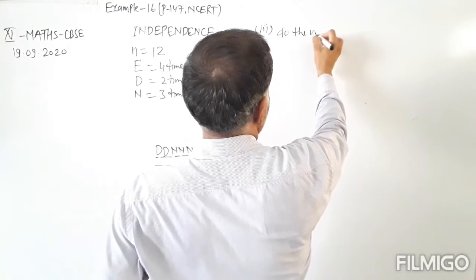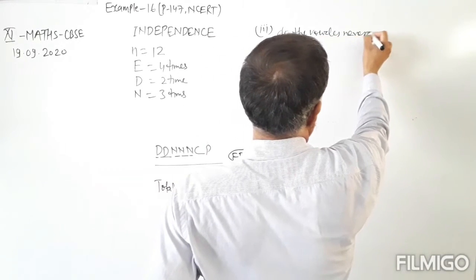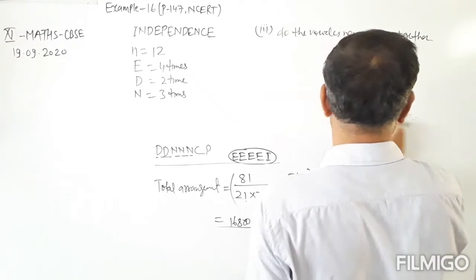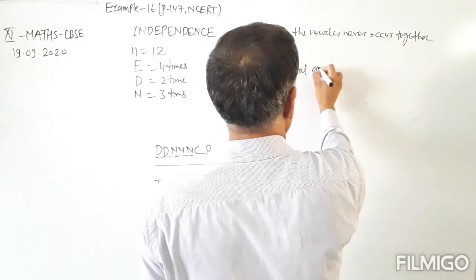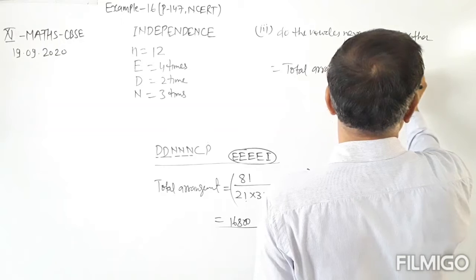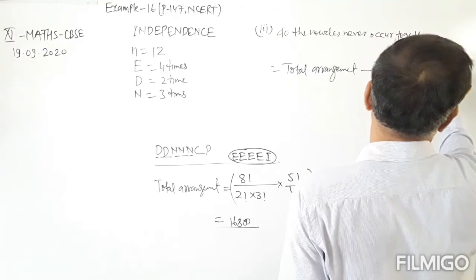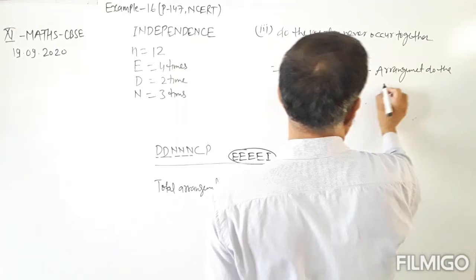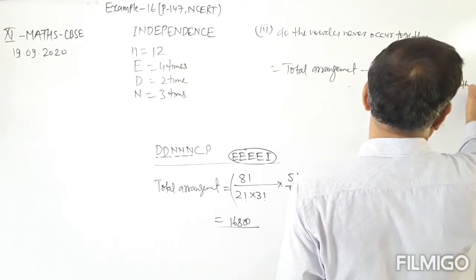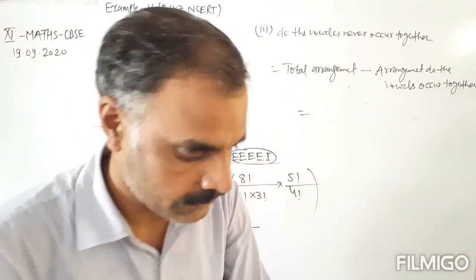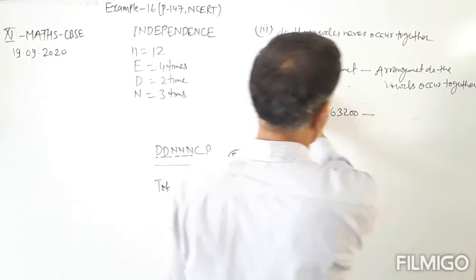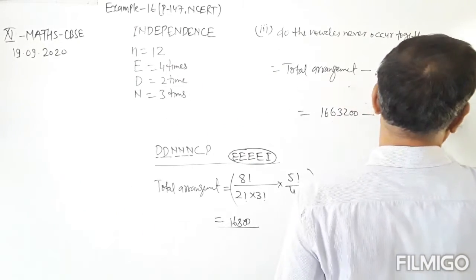Never occurring together means total arrangements minus the arrangements in which the vowels occur together.